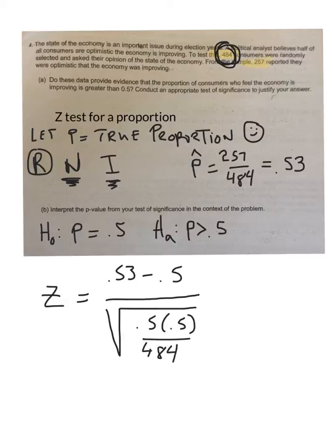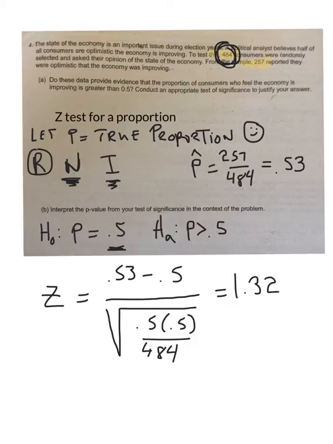We always use that null hypothesis proportion to figure out our standard deviation. And when you do the math, you should get 1.32. What does that tell us? It tells us 1.32 standard deviations above the middle of the graph.